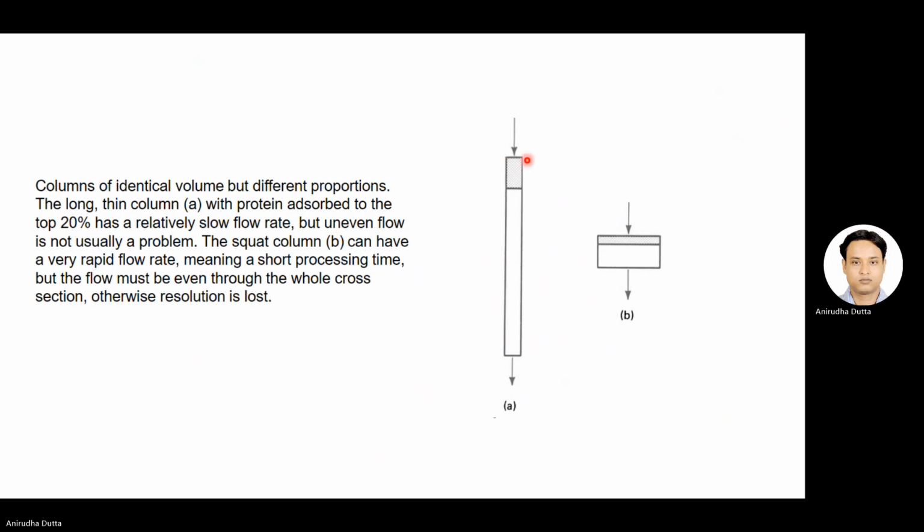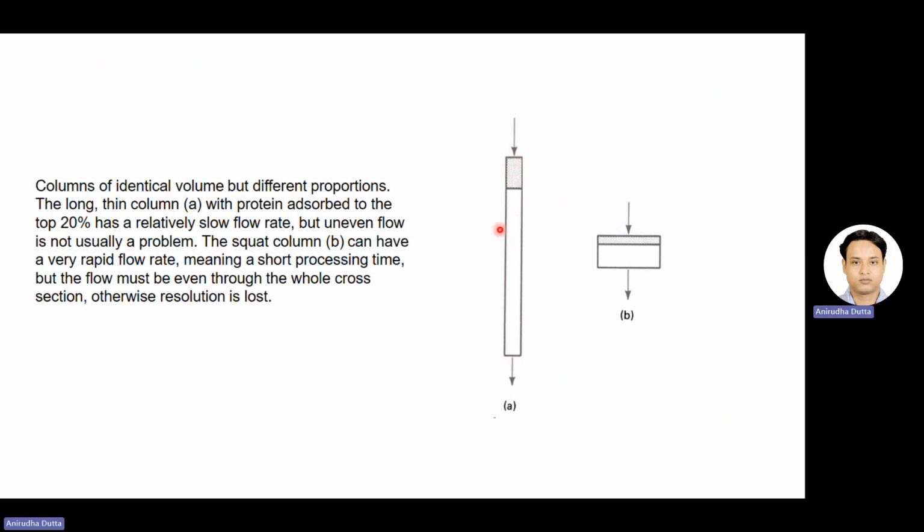The longer the column, the more theoretical plates there would be, and there would be better separation while going through the column length. As well, if the diameter of the column is small, then the buffer would run more uniformly throughout the column. Okay.